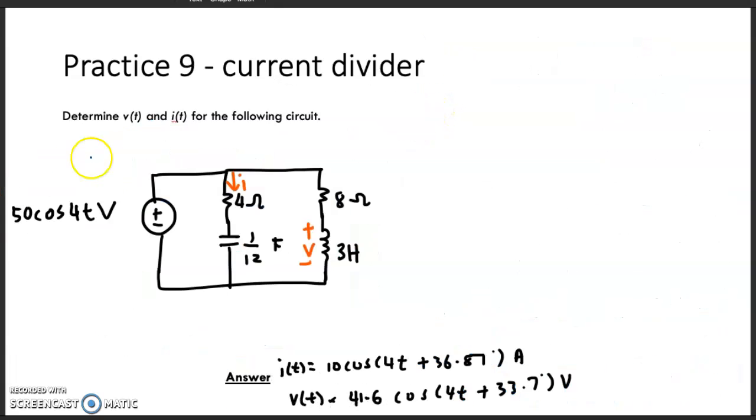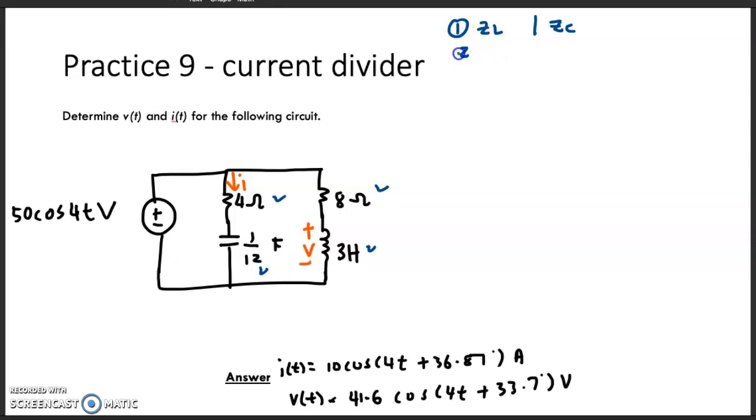So in the class we will discuss how we're going to solve this current divider by having two elements here, 4 and 1 over 12, 8 and 3 Henry. First step, always change everything to the impedance, either inductance or the capacitance, right?